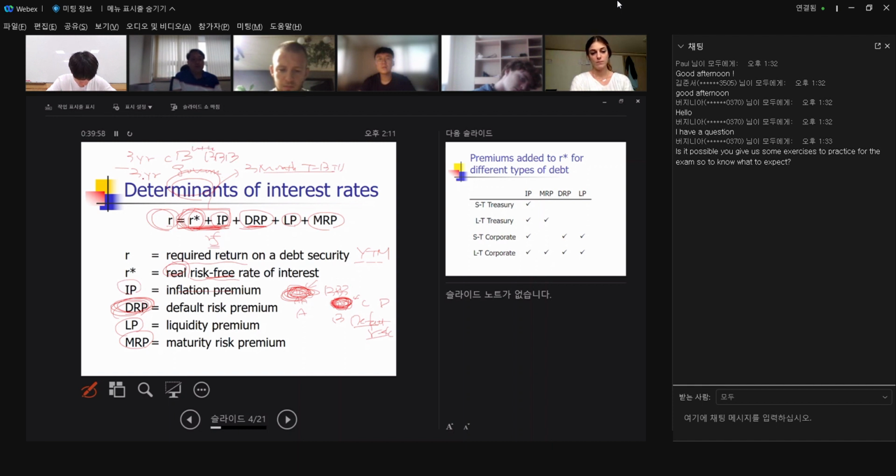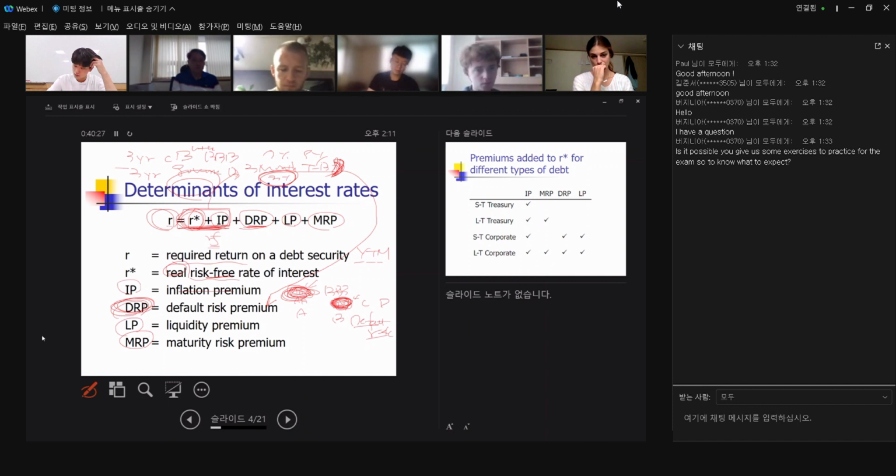For example, the 3-year government bond interest rate is 3%. Then the 3-year corporate bond with triple B credit rating is 7%, for example, 9%. So the gap between the 3-year corporate bond with triple B credit rating and the 3-year government bond is used as the default risk premium in real life.